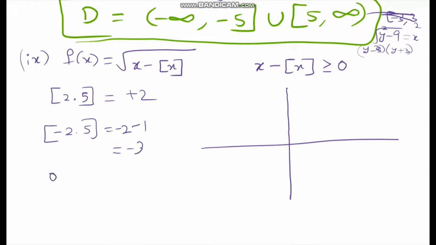Step of 0 to 1, from 0 to 1, whatever input we give, that will be 0. And from the closed interval 1 to open interval 2, this will be 1.